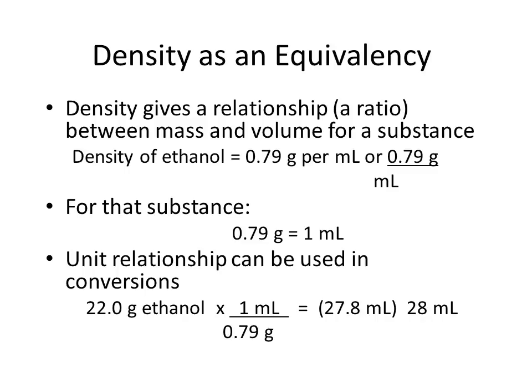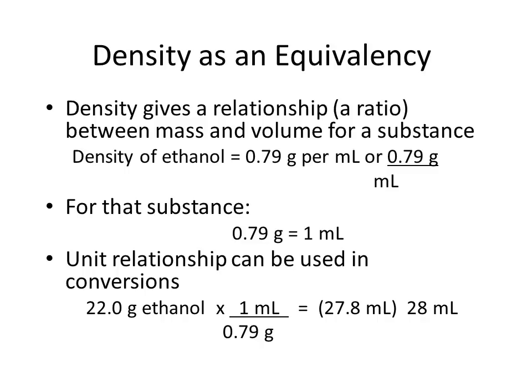I can write my fraction like this, or I can write that fraction like this, and it's still equal to 1. That way I can use it to do conversions from either volume to mass or to do mass to volume calculations.